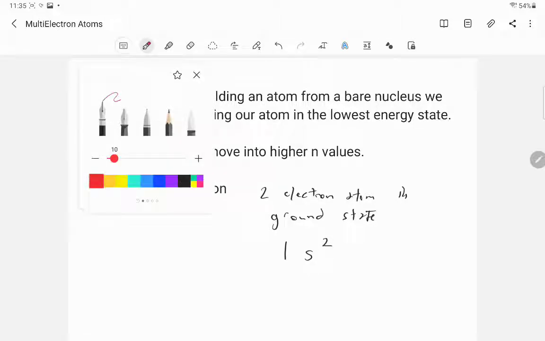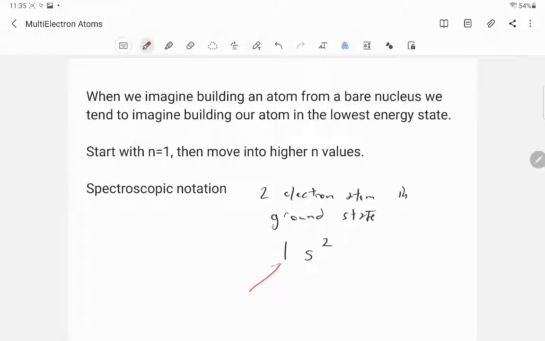So the 1 is n equals 1. The s means L equals 0. And the 2 means there are 2 electrons in the n equals 1, L equals 0 configuration, right? So this is called spectroscopic notation.